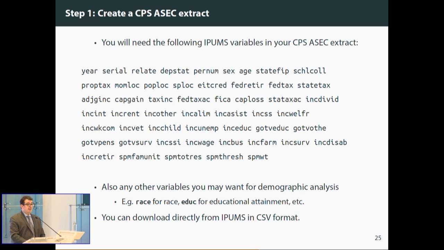You may also want to add other demographic variables too if you want to do demographic analysis of your tax changes. So, for example, you might put in race, you might put in education. Just be careful, because a lot of the IRS tables that Tax Calculator is calibrated off of often don't have those demographic variables to calibrate off of.